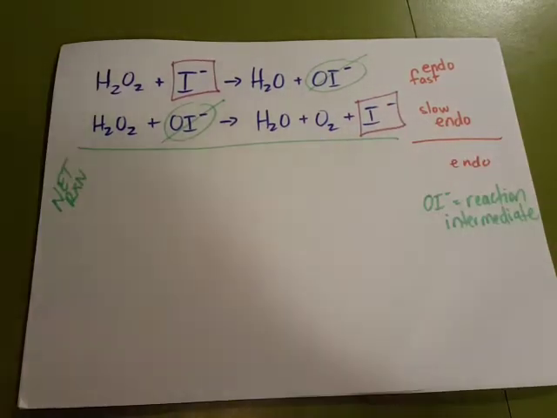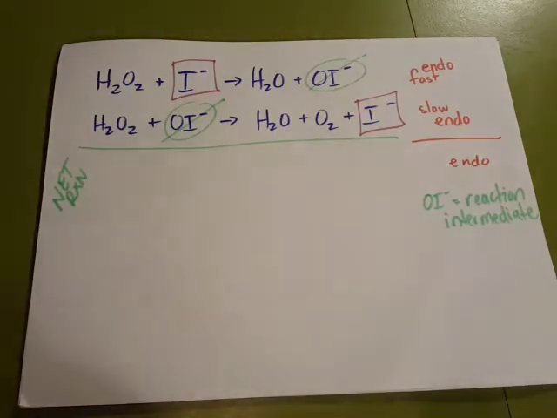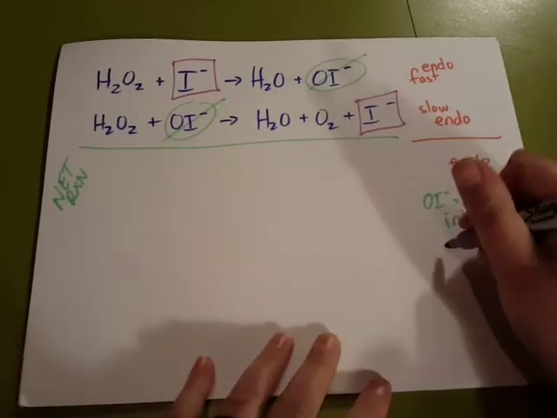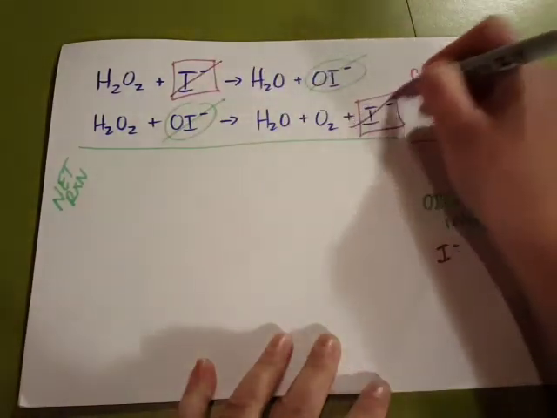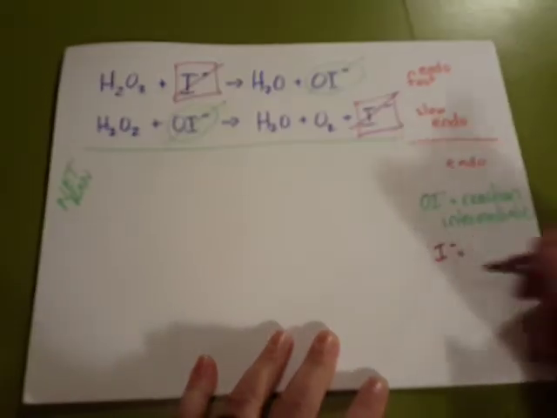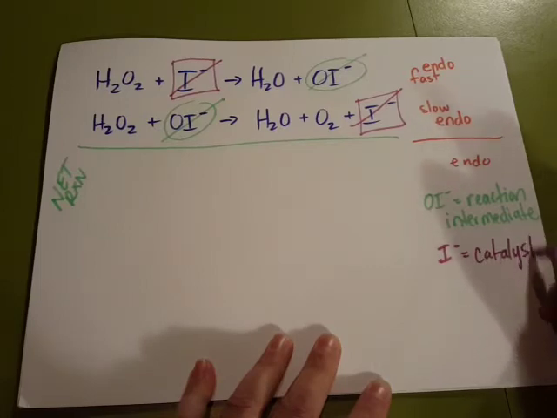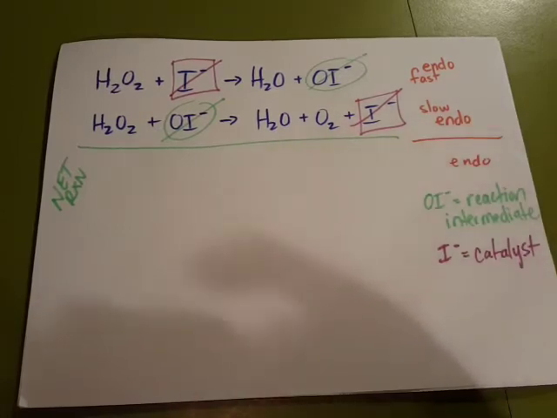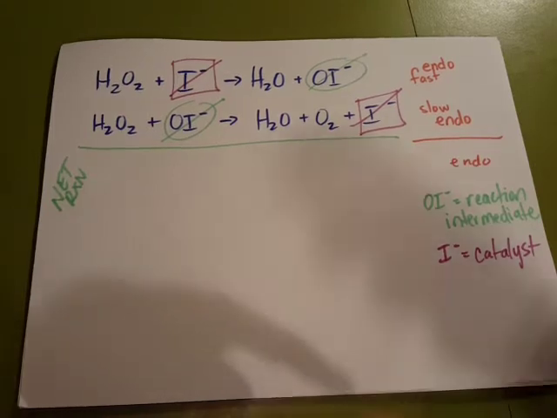When we write our overall net reaction, we're not going to write them on both sides. But what we do want to do is take note that they actually cancel, and that the ion is a catalyst. From factors, we know that catalysts have the ability to lower the activation energy, and they're like enablers, right?